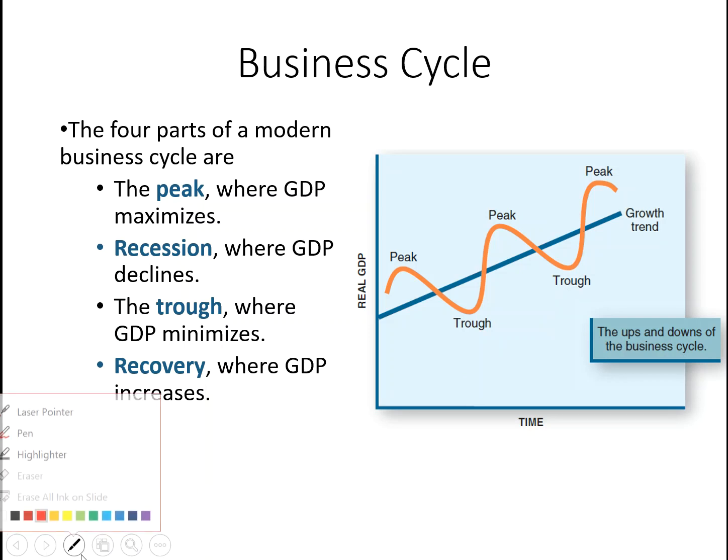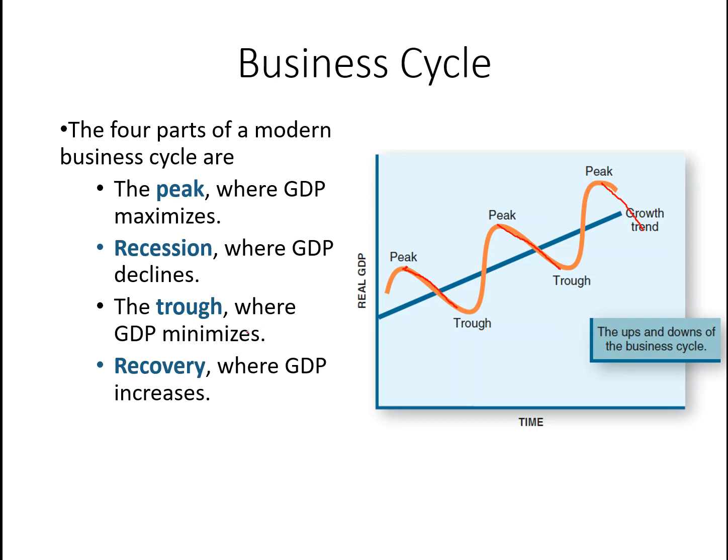On the chart, here is a recession, here is another recession, and here is another. Right after a peak, we will see a recession. It's like you cannot be happy every day. Usually you're happy, and the next day your mood goes down. It's the same for the economy. When it reaches the peak, it will start to go down. So this is the second stage.